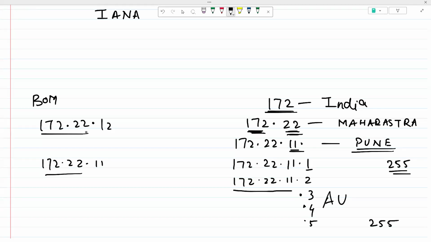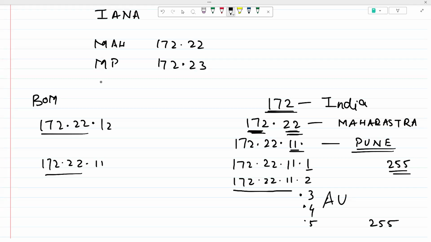Then coming from the state perspective, for Maharashtra the second octet is 22, 172.22. Let's say for people in MP, it will start with 172.23, for example.